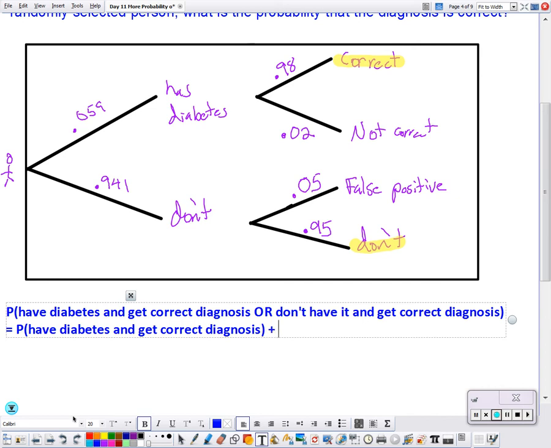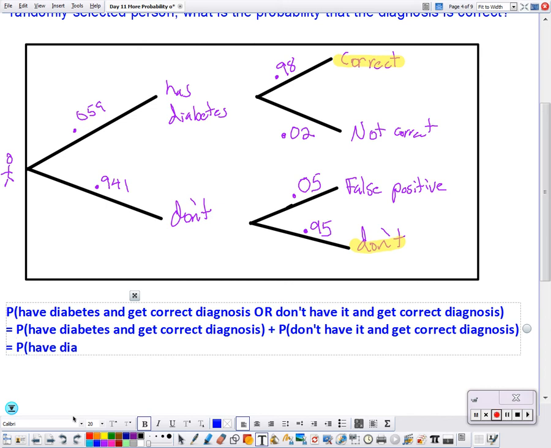Plus the probability of not having diabetes and getting the correct diagnosis. Okay, now we're going to take it a step further. So for having diabetes and getting the correct diagnosis, I'm going to take the probability that you have diabetes, and multiply that times the probability that you get the correct diagnosis, given that you have diabetes.